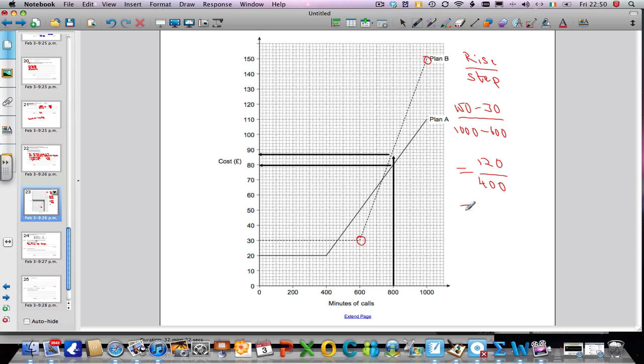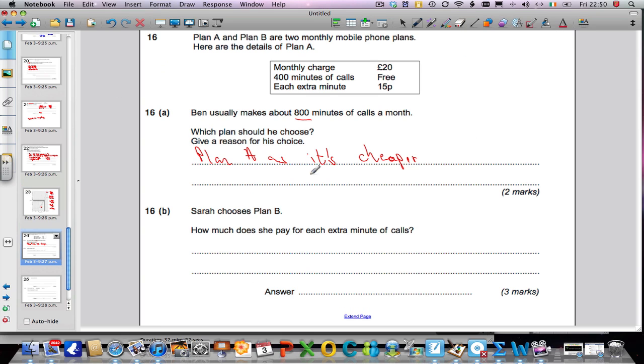So we got some fraction of a pound. Let's work it out. Cancel those out. We can divide top and bottom by 4. 4 into 12 goes 3 times. 4 into 40 goes 10. So we get charged 3/10 of a pound per call, which is 30 pence per minute, should I say.